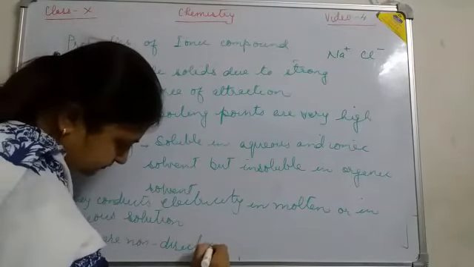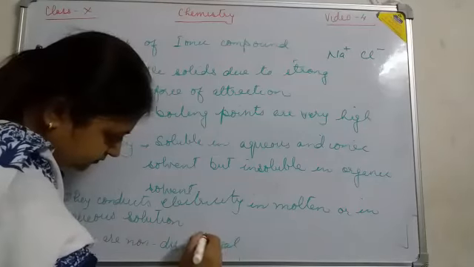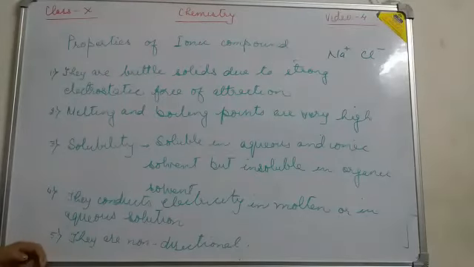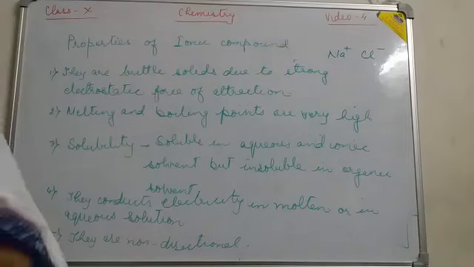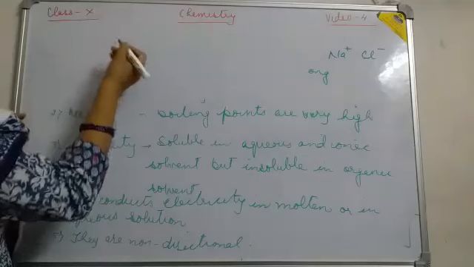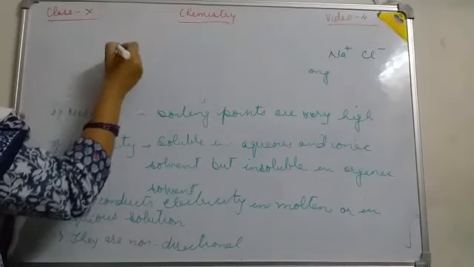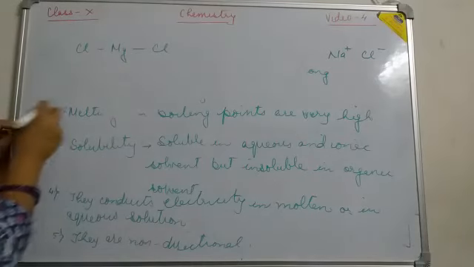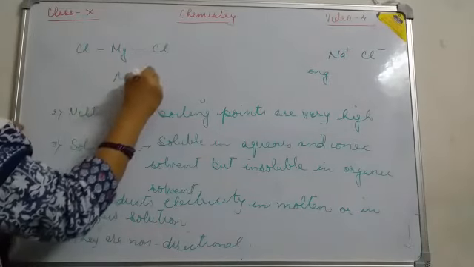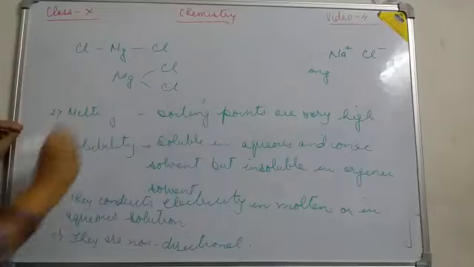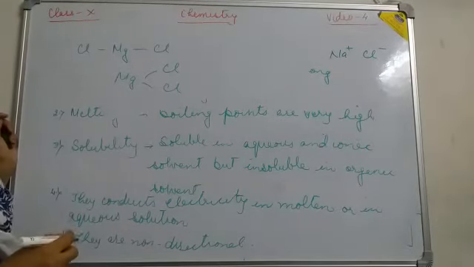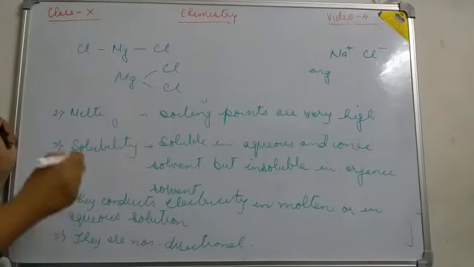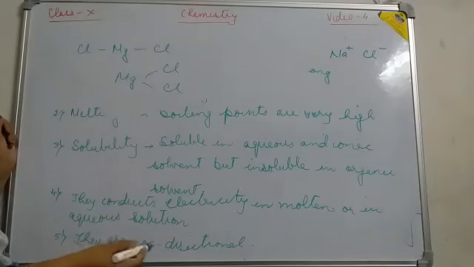That means if you want to form a compound like magnesium chloride, you can write magnesium chloride like this, and you can also use this type of bond formation with magnesium chloride. These compounds are non-directional, not in a fixed direction.